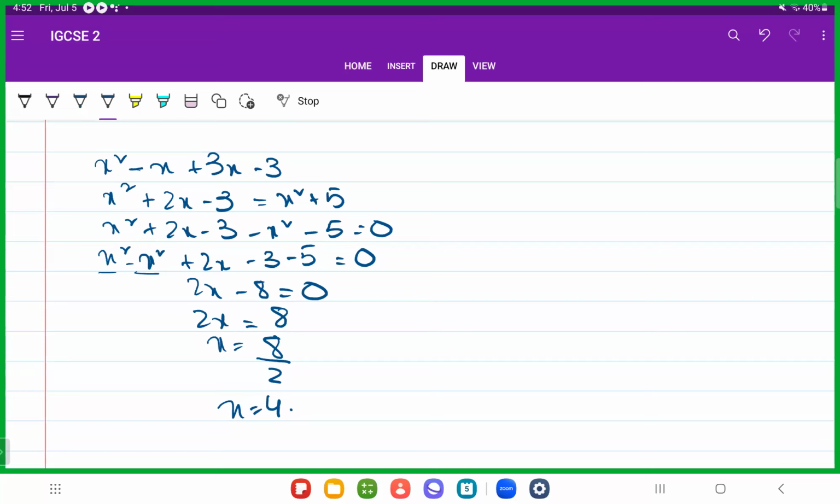Miss, but we don't use the identities that we just took, right? No, so for identity, you have to see if there's a square on the whole bracket.